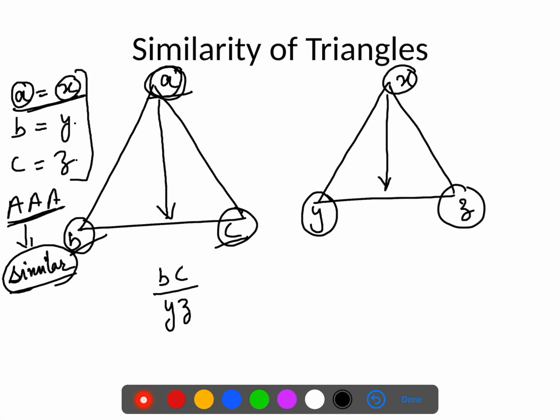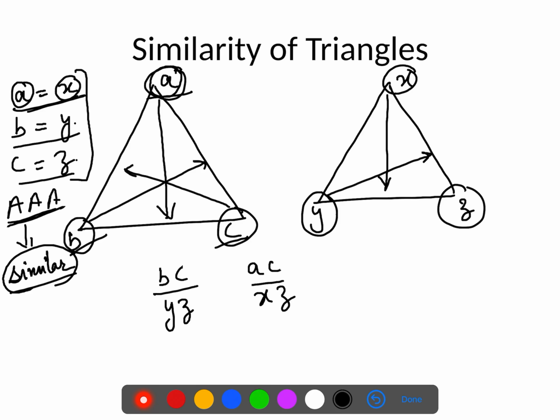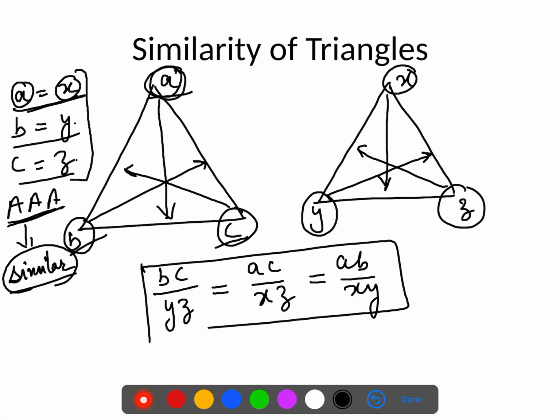That makes one ratio. B is equal to Y. So side opposite to B is AC, side opposite to Y is XZ. C is equal to Z, so opposite to C is AB, opposite to Z is XY. These three ratios of sides would be equal to each other.